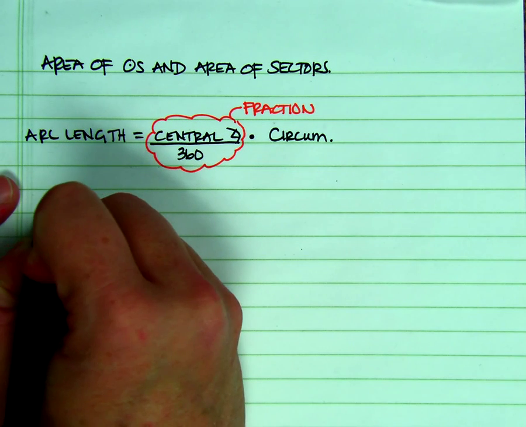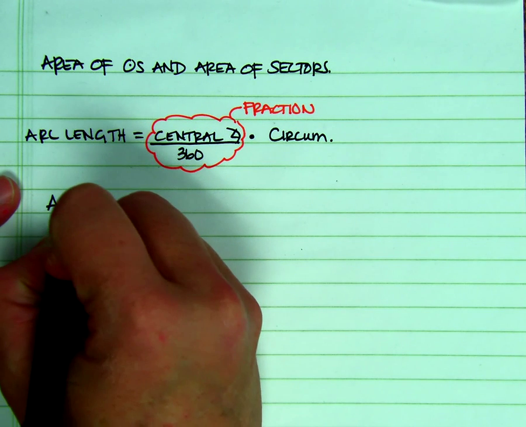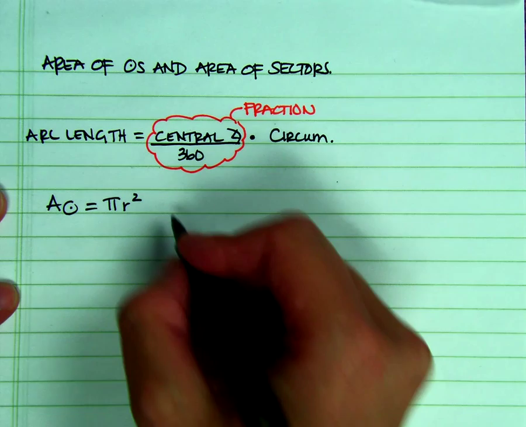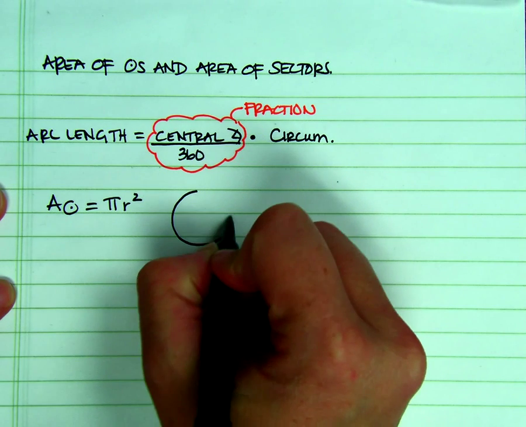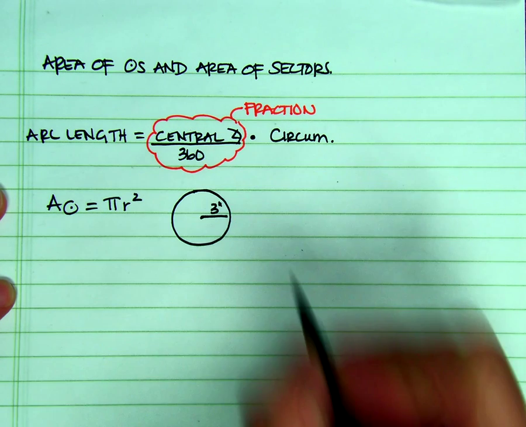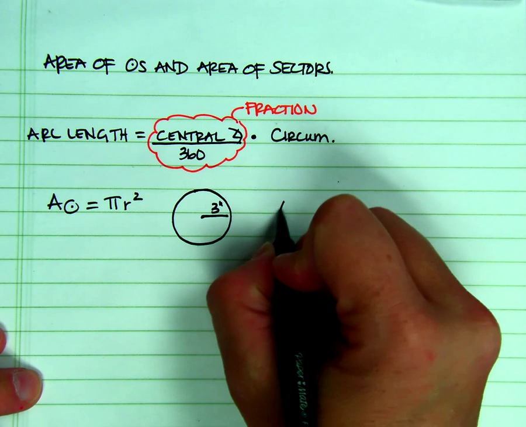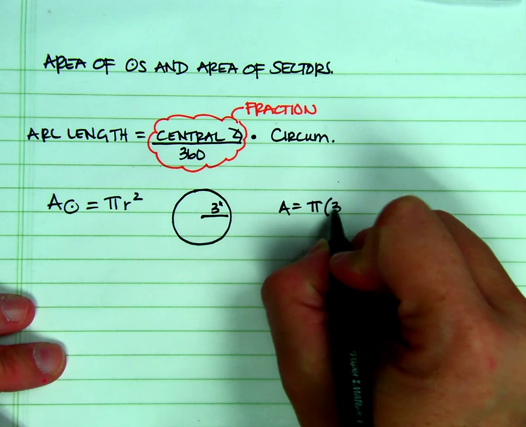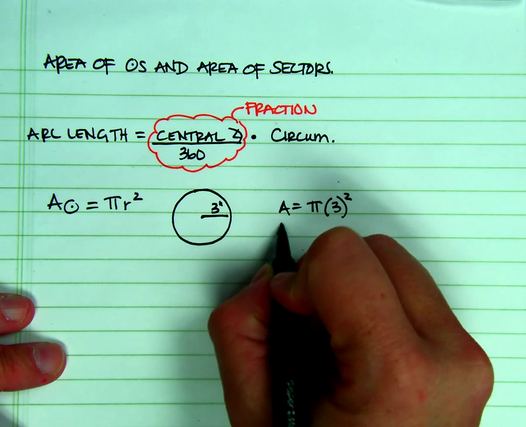So the area of the circle equals pi r squared. So if I have a circle with a radius of 3 inches, the area equals pi times 3 squared.